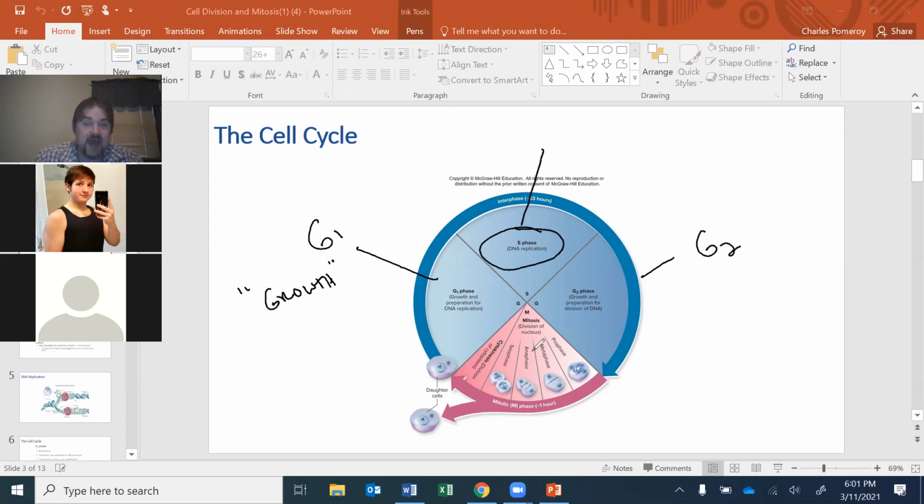Prior to a cell dividing, I mentioned this a minute ago, the first thing it has to do is copy all of its DNA, so that each daughter cell gets a copy. And so that's what happens here. This is called S phase, and the S stands for synthesis. During that phase, a cell copies all of its DNA.